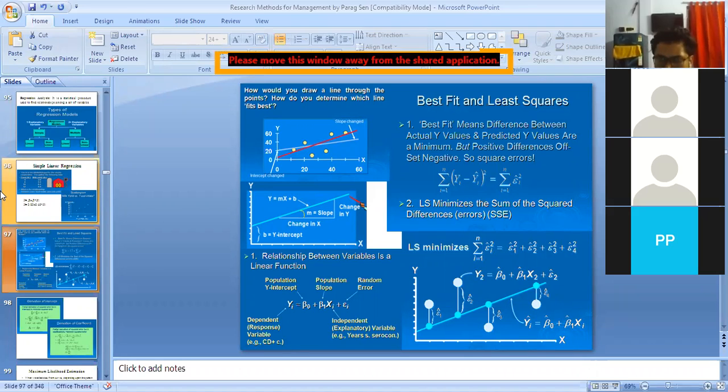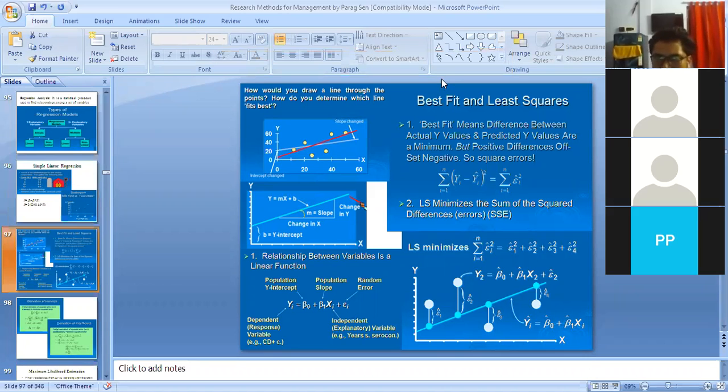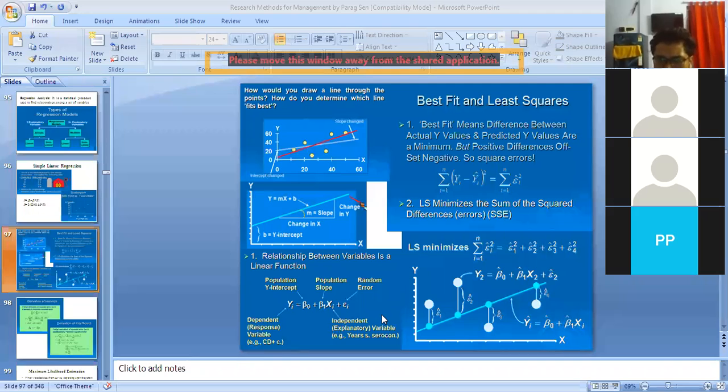Maximum likelihood estimation is also another way of reducing this kind of variation, or you can say, in order to find out the best fitted line.